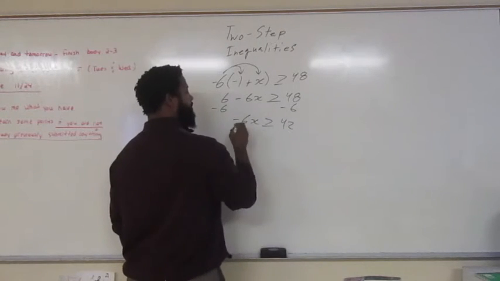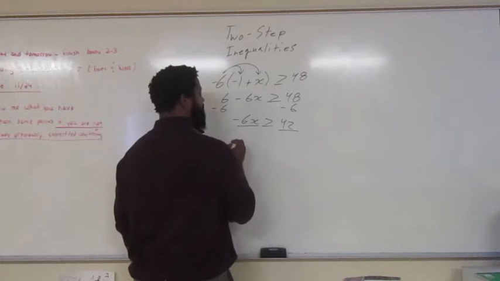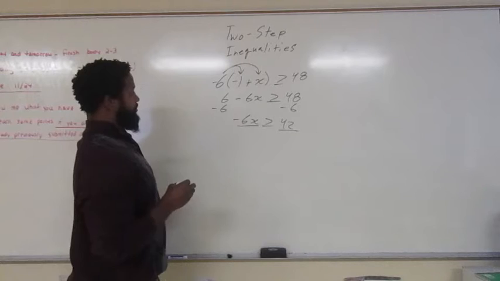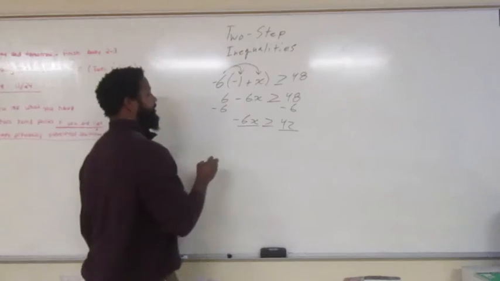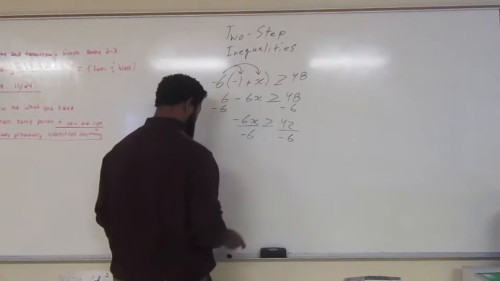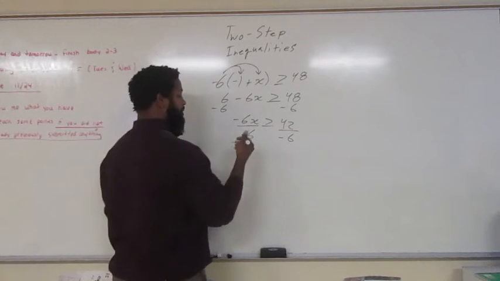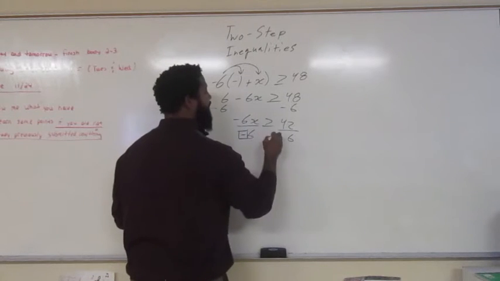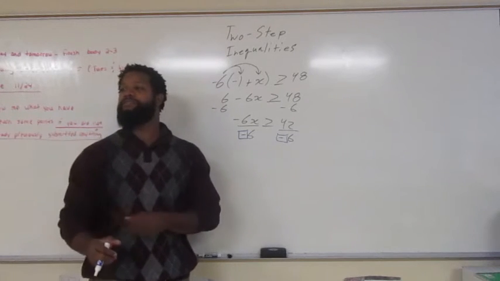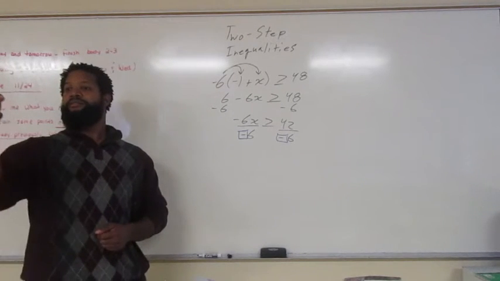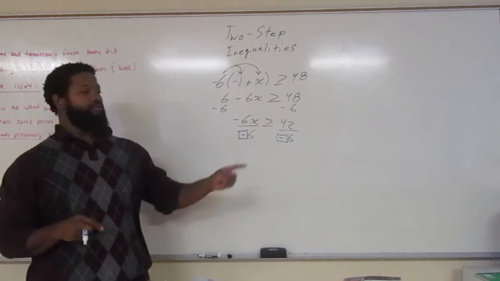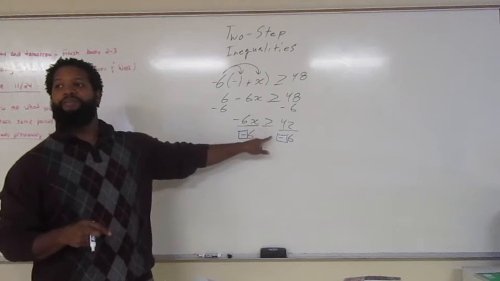Divide. What are we dividing on both sides? -6. What kind of 6? A -6. So therefore, what happens when we multiply or divide a negative onto both sides? What happens to our inequality?